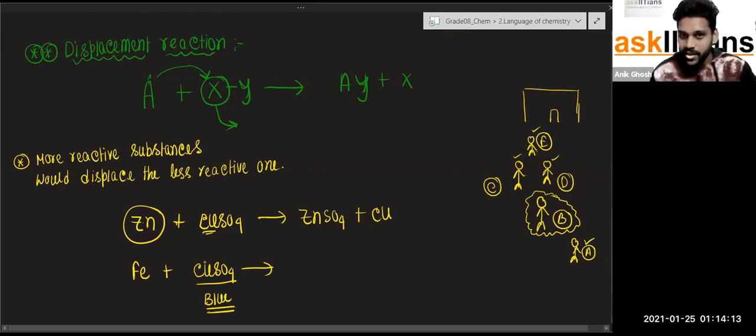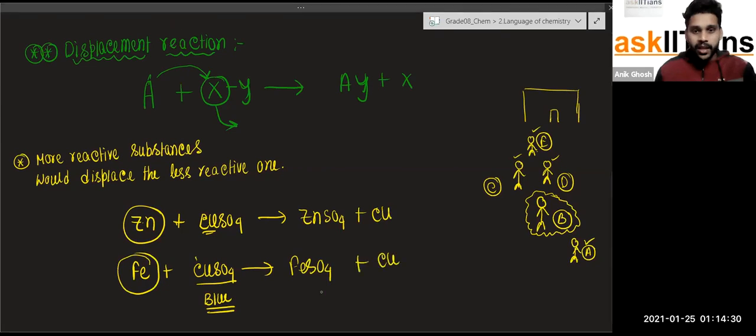Iron is more reactive than copper. Okay. So as a result, what would happen? It would displace it. And you would get FeSO4 plus Cu. Got my point? Now, the speciality about it is FeSO4 is green in color. FeSO4 is green in color.